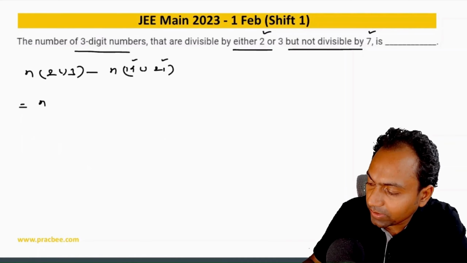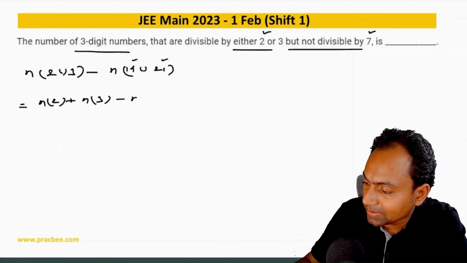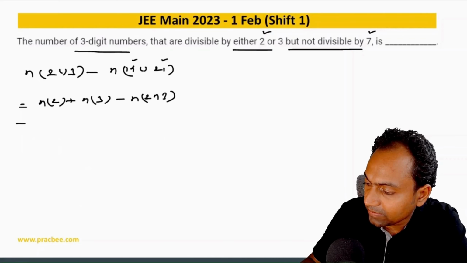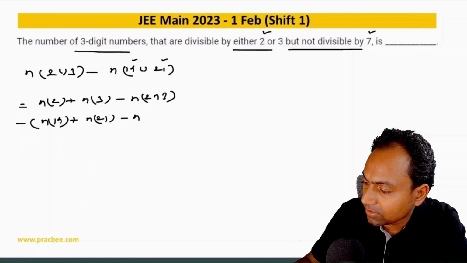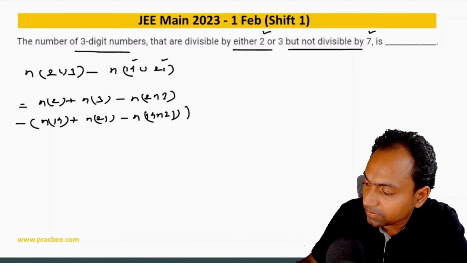Now in order to find this, we'll have to find n of 2, then n of 3 minus n of 2 intersection 3. And then we will have to subtract n of 14 plus n of 21 minus n of the intersection of 14 and 21, which is the LCM of 14 and 21.